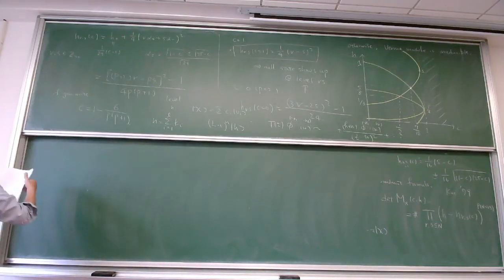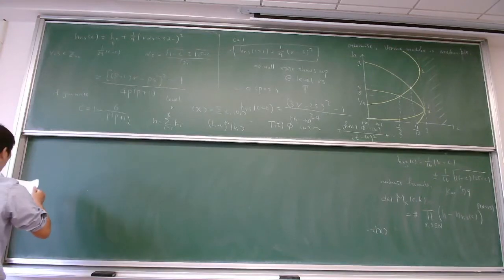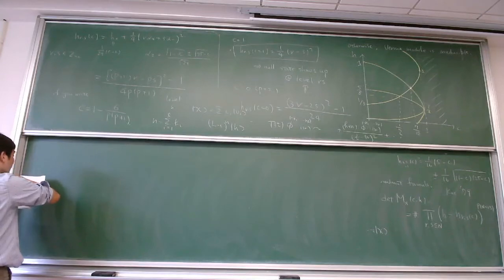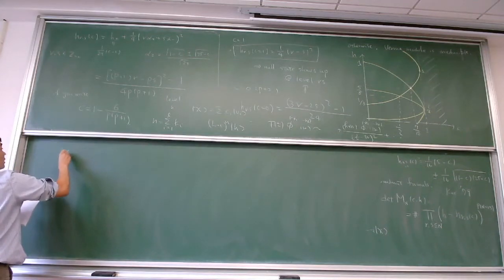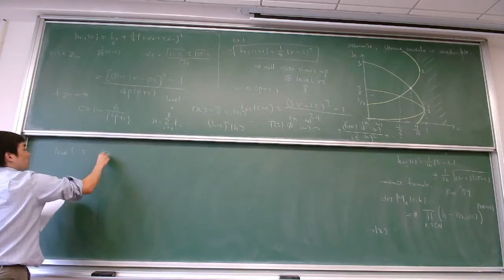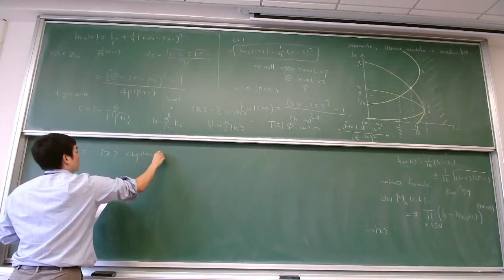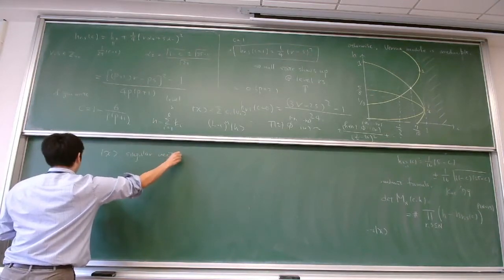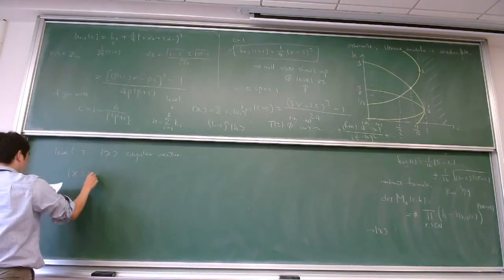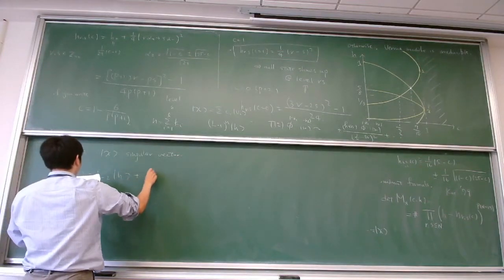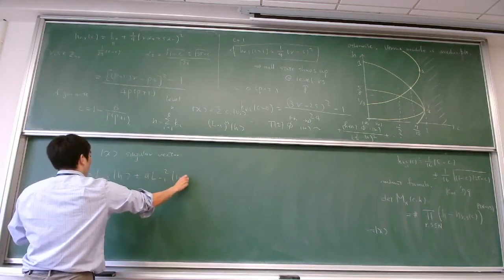So let's look at an example. Suppose chi is at level 2, chi is a singular vector. Then chi can be written, without loss of generality, in this way.